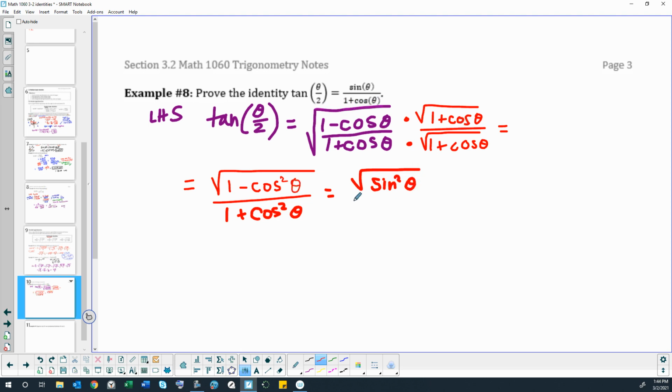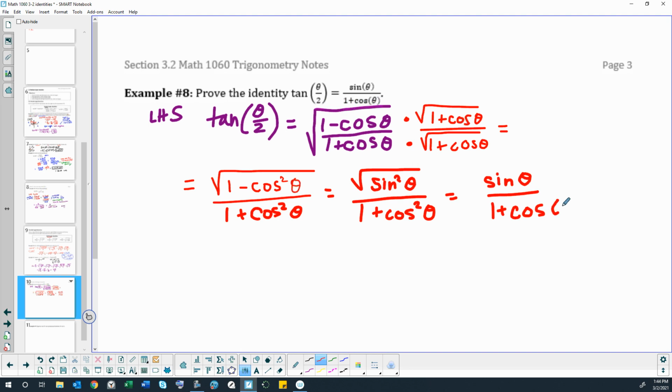And if we square root something that's been squared, it gets rid of the square and we're left with neither a square nor a square root. So that gives us sine theta divided by 1 plus cosine.